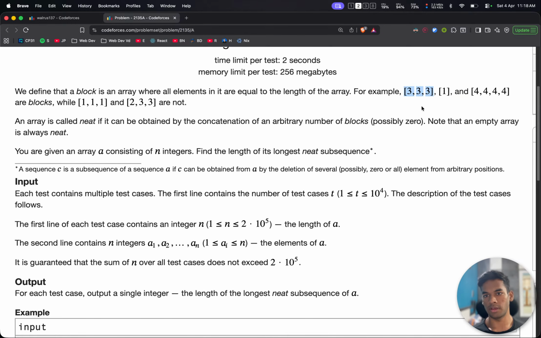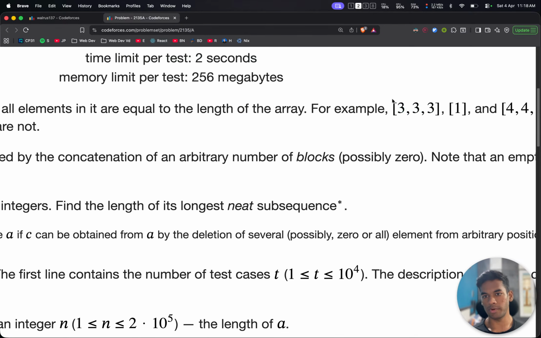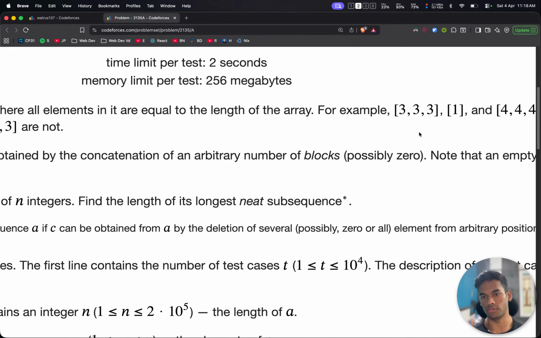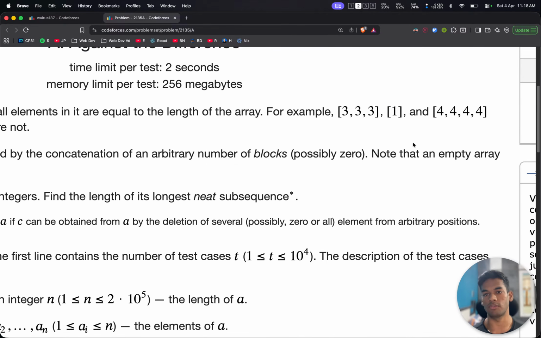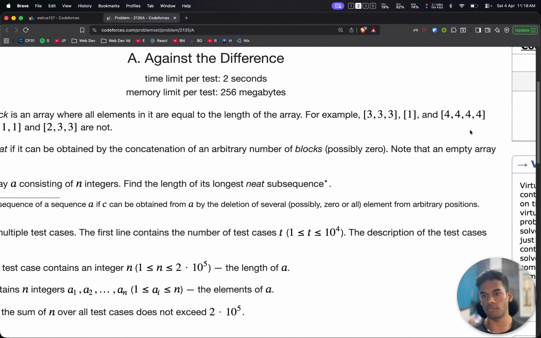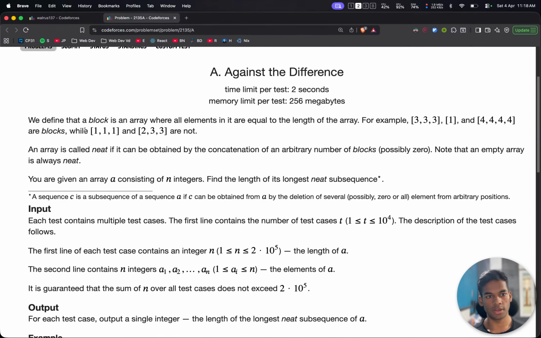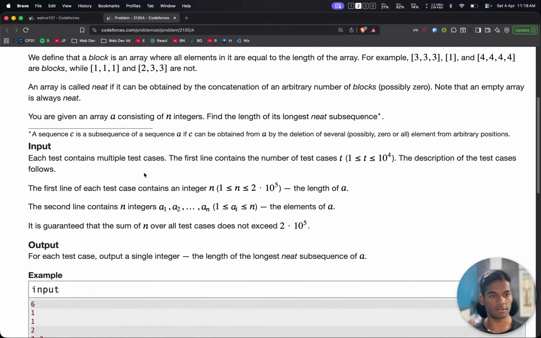Here in this array, the number of elements is 3, and each value is also 3. So that is a block. In this, the number of elements is 1, and that element itself is also 1. And same here, the size is 4, and each element is also 4. But that is not the case with this.